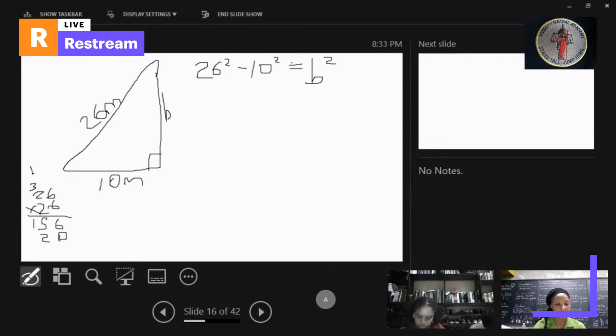And 2 times 2 is 4 plus 1 is 5. And when you add it, you get 676. 676 minus 100 is equal to b squared.